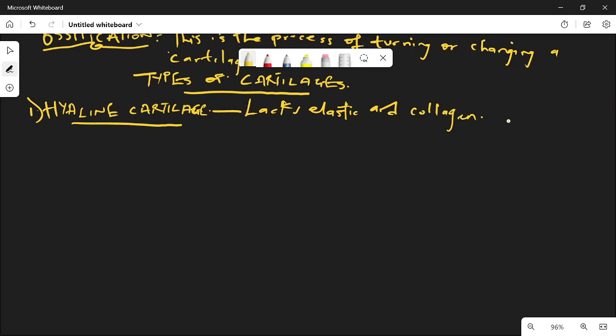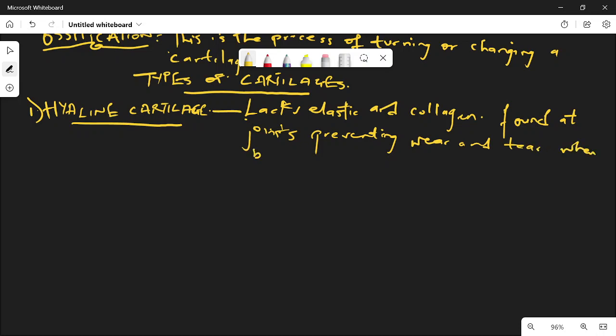So you find it mostly at joints, preventing wear and tear when bones rub on each other.